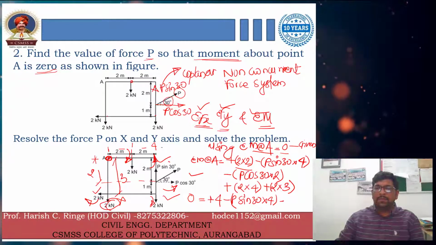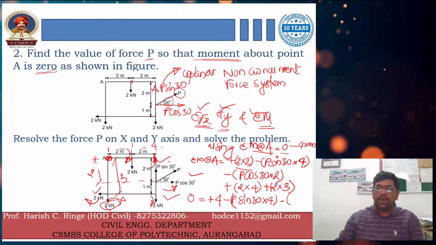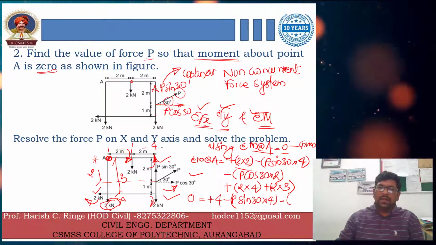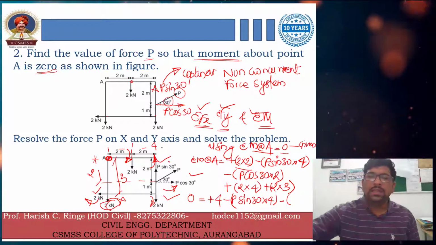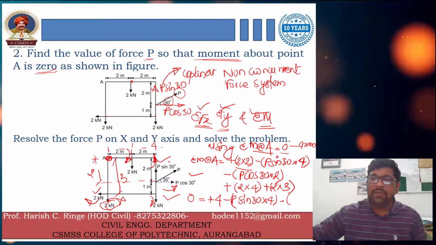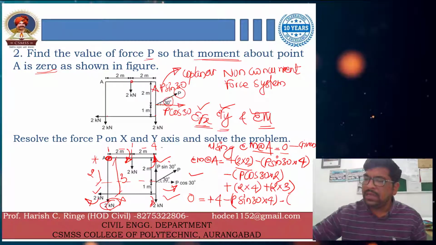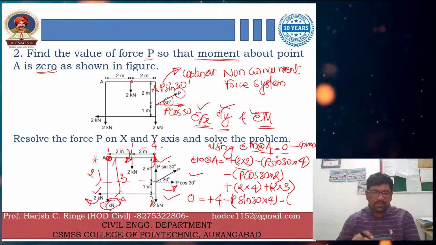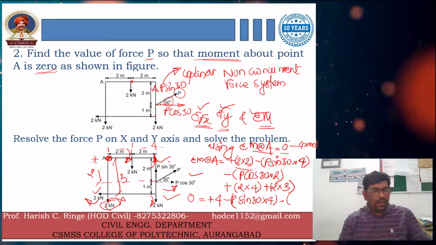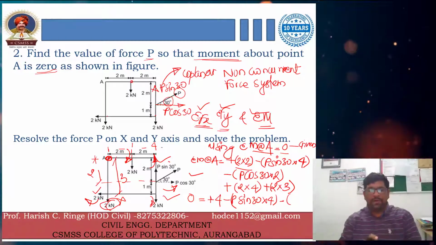Again minus P cos 30 अपने को मालूम नहीं है, इसके लिए rather we can just solve this cos 30 and sin 30 values. So you know it very well what do you mean by sin 30 and cos 30. So just find out the value which we are having.